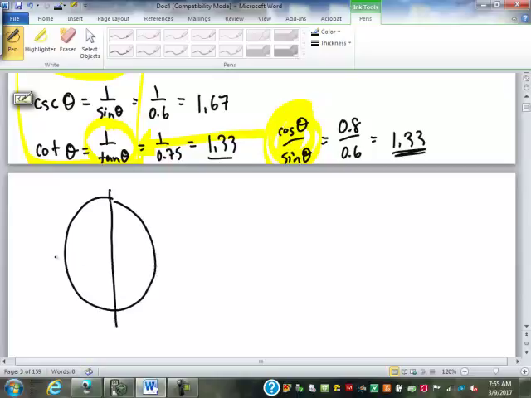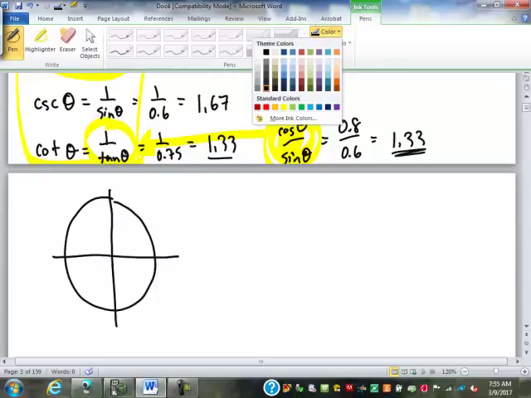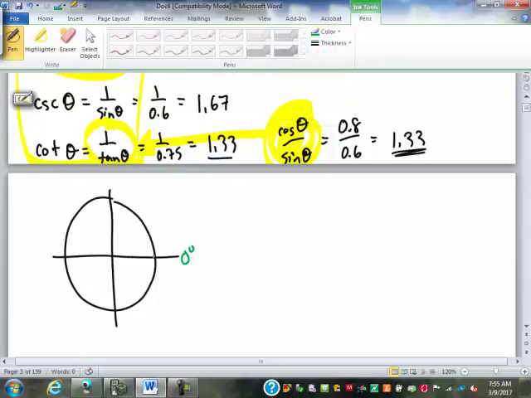We had mentioned some terminology the other day where we said this 0 degree point is referred to as the initial side. That's just because that's where the angles start. And as we rotate around, where that angle stops is referred to as the terminal side.